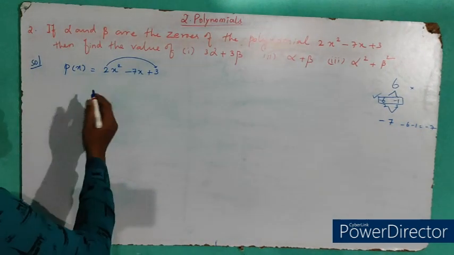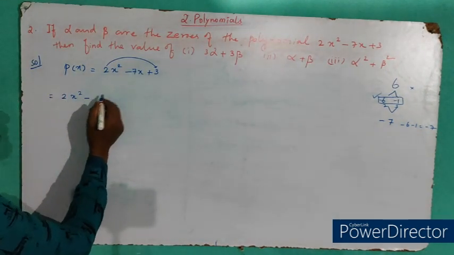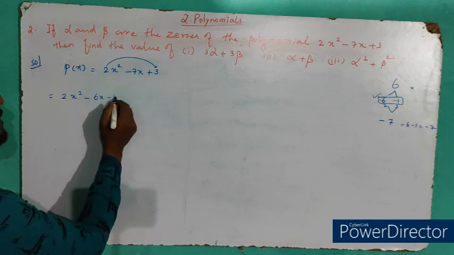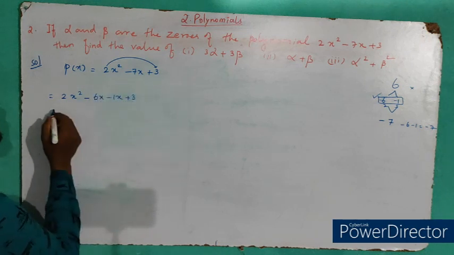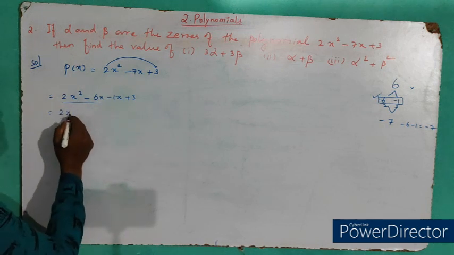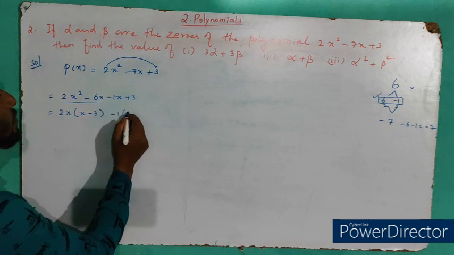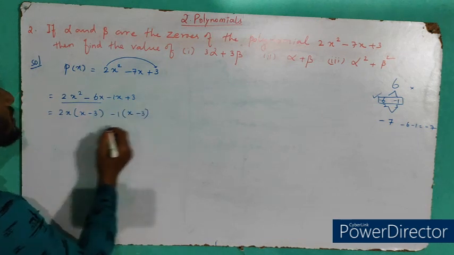Now let's find the zeros. 2x² − 6x − 1x + 3. From the first two terms we can take 2x as a common factor outside, then here x − 3. And here if you take −1 outside, here we have x − 3.